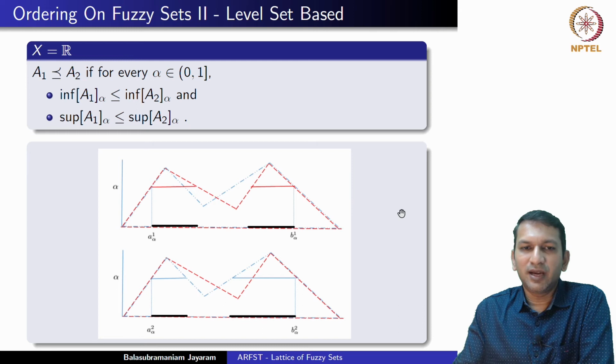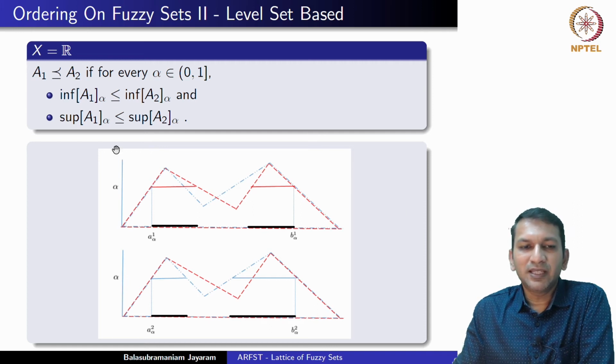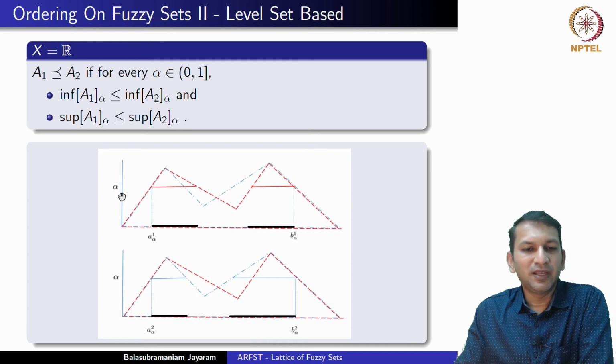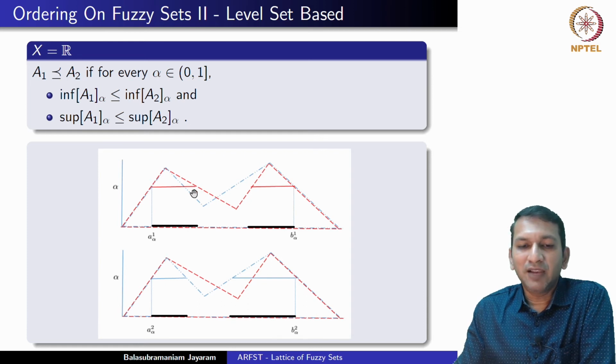Please recall the alpha cut based ordering of fuzzy sets that are defined over the real line. We say that two fuzzy sets A1 and A2 are ordered under this relation if these two inequalities are held. Clearly, if we consider A1 and A2 as the fuzzy sets, we see that for every alpha, even though we have only illustrated for one particular alpha, while for some alphas the alpha cuts themselves may differ, these two inequalities will still be held.